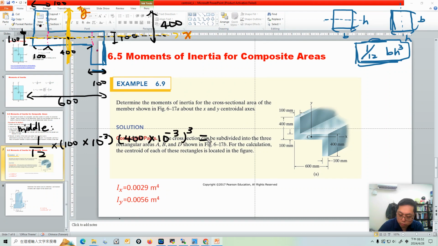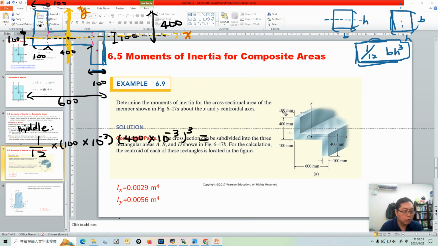So use your calculator. Don't forget to practice operating your calculator, because it's very important in this course. 400 cubed, times 10 to the power minus 9, divided by 12.